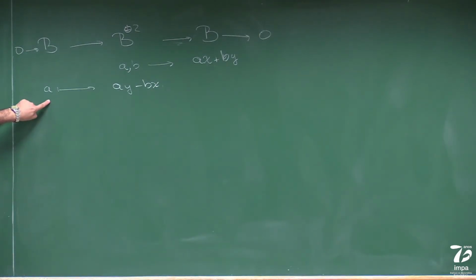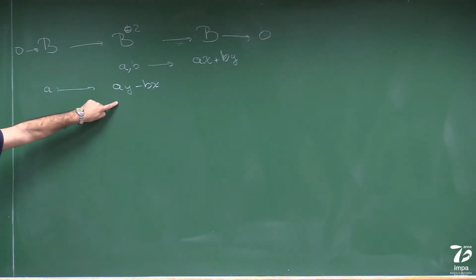So what you see immediately is that you can find things such that this map has a non-trivial kernel.